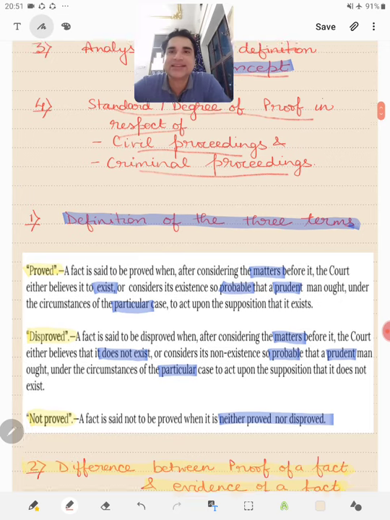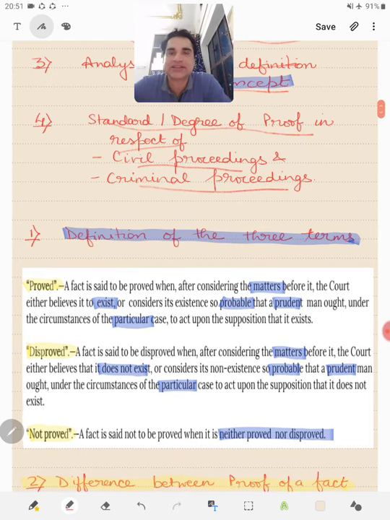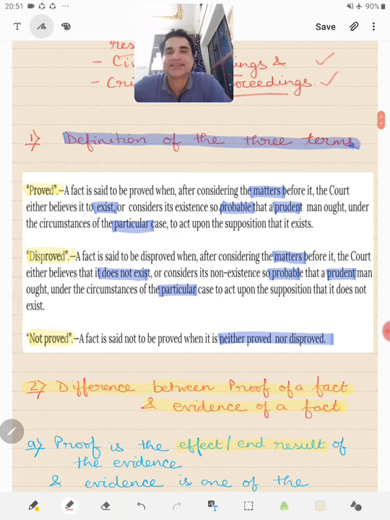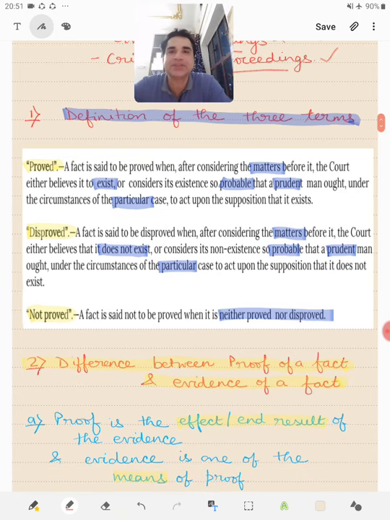Friends, this section 3 actually states the standard or degree of proof required in any matter. Now, this is the only section that deals with it. And we will also study this degree of proof which is required with respect to civil proceedings and with respect to criminal proceedings. Let us start with the session.